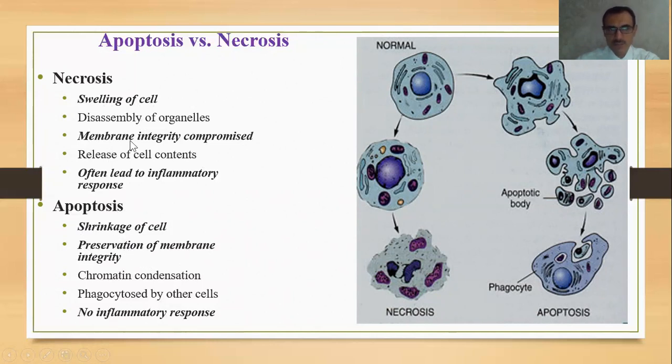In necrosis, the membrane integrity is compromised, the cell contents are released, and this often leads to an inflammatory response. But in apoptosis, as we discussed with you, the chromatin is condensed and the apoptotic bodies are phagocytosed by other cells, and no inflammatory response develops after the apoptosis.